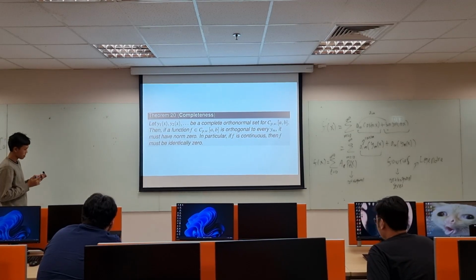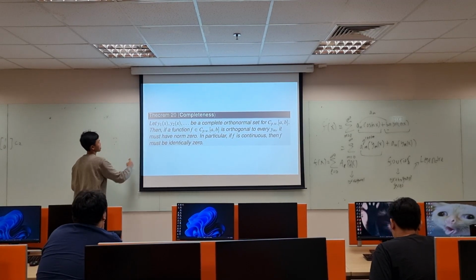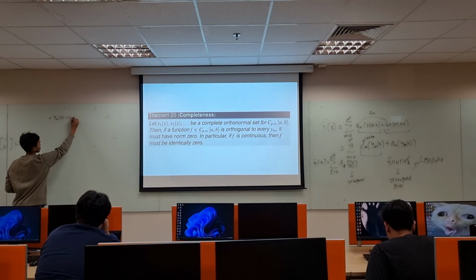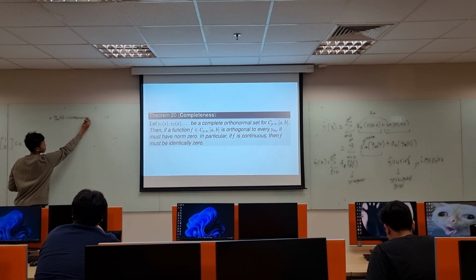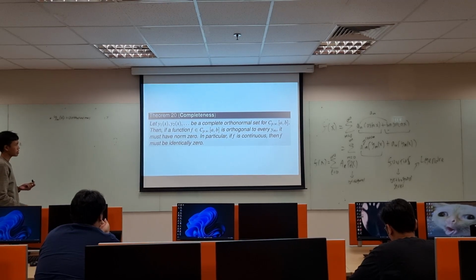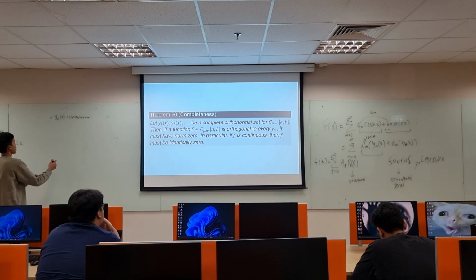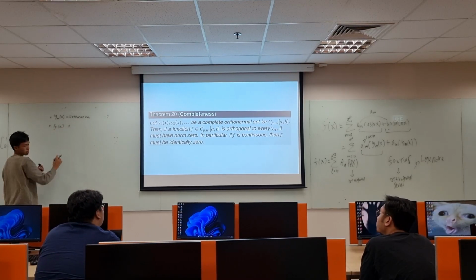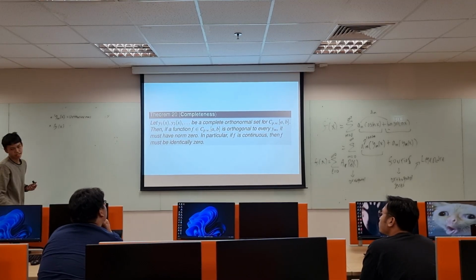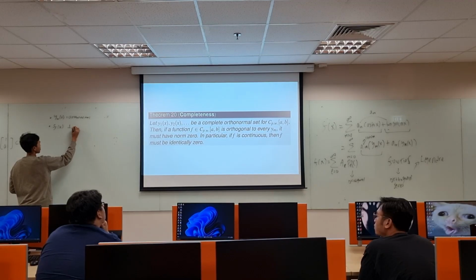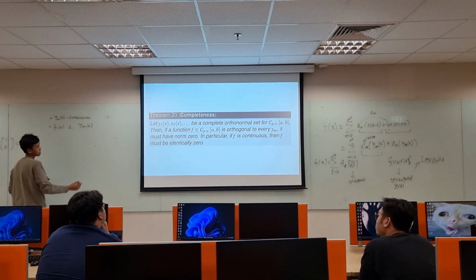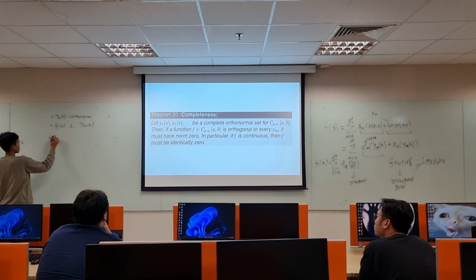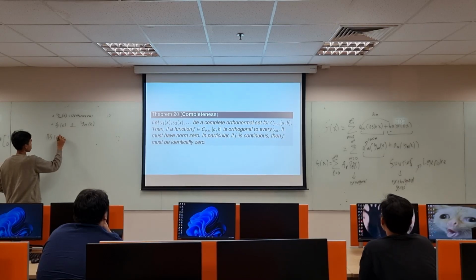let's list down the assumptions. Let y_m(x) be orthonormal. And if a function f(x) is orthogonal to every y_m(x), it is saying that the norm of f(x) is supposed to be 0.